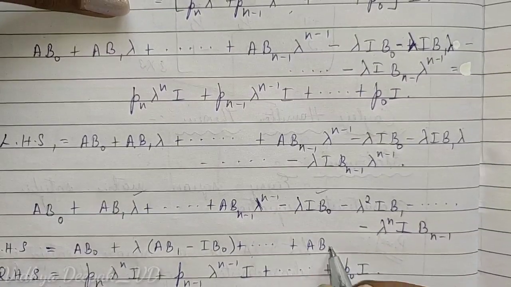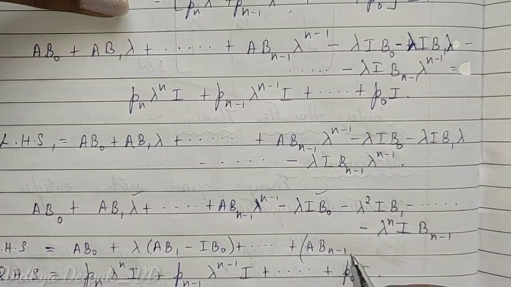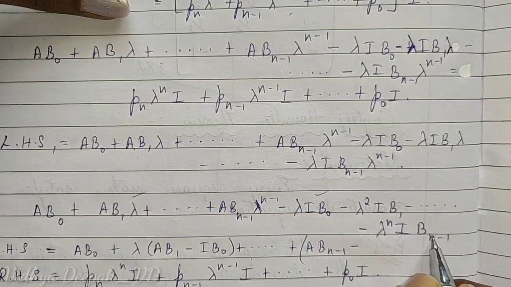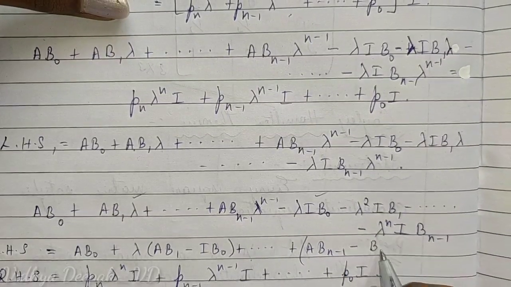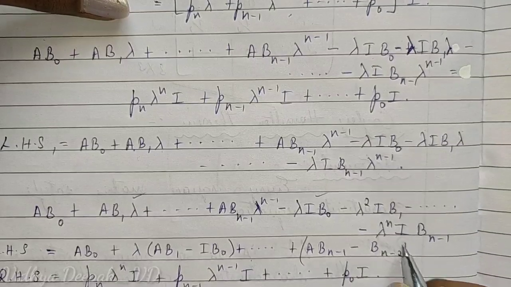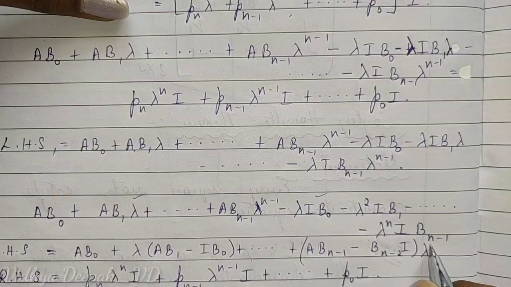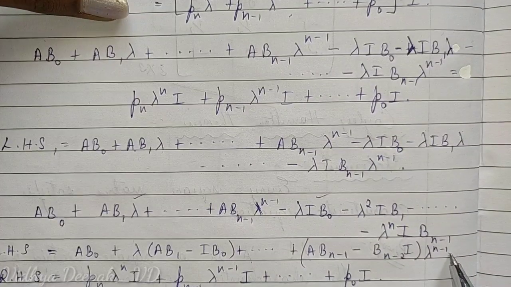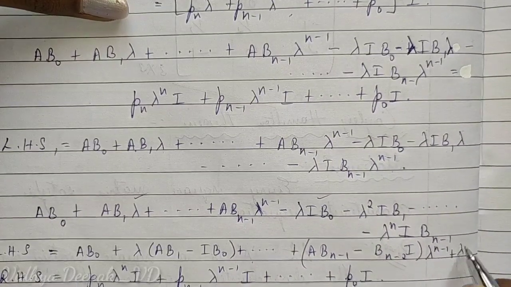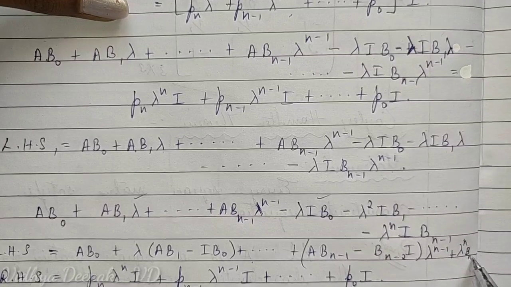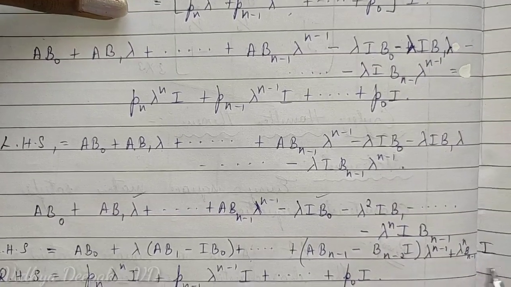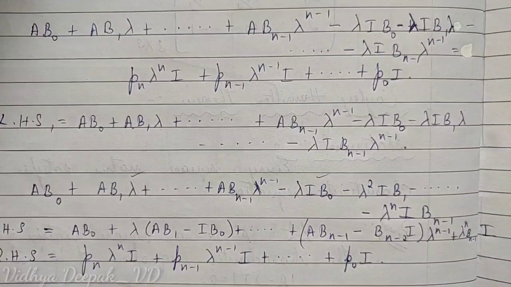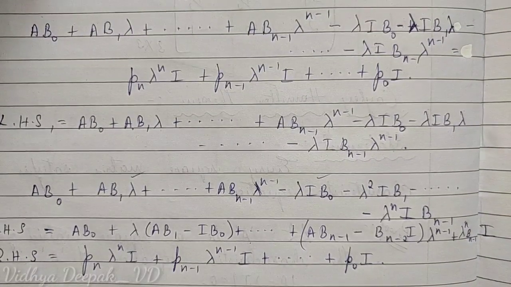So ABn minus 1 minus, this is n and this is n minus 1, so the previous B will be n minus 2 into I, with lambda to the power of n minus 1, plus lambda power n Bn minus 1 into I. Okay. So now we will use this and this.